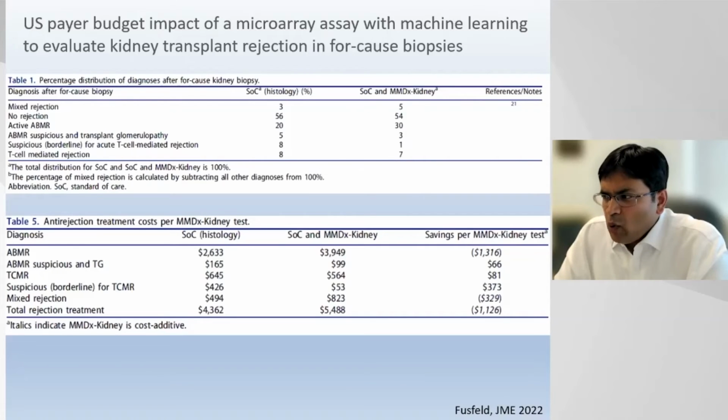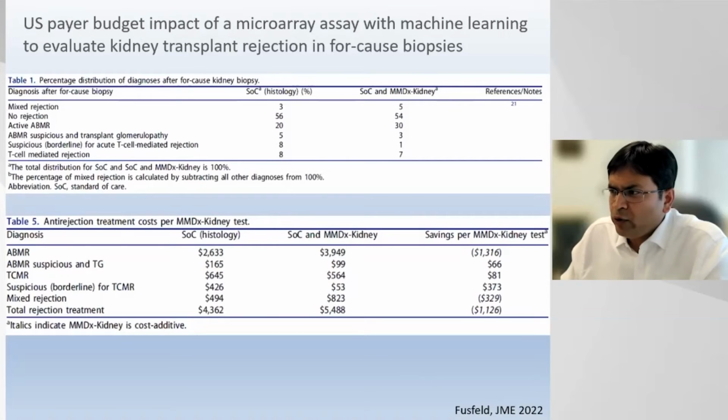On the other hand, one saves a few dollars, $80 or so, by incorporating MMDx into TCMR diagnosis, as a few cases are no longer identified as TCMR by MMDx. Either way, the net impact of this whole analysis is an addition of around $1,100 or so of rejection therapy per biopsy in these cases.